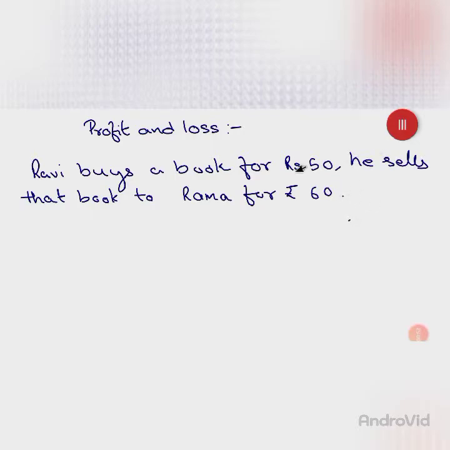In this case, Ravi bought a book for rupees 50 and he sells it to Rama for 60 rupees.